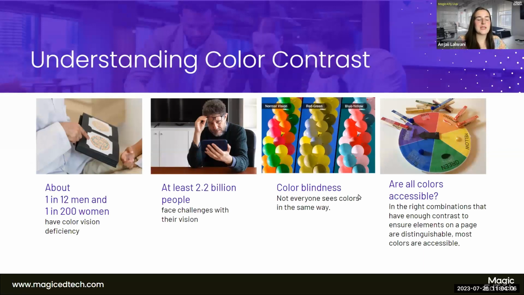Alrighty, so just to get started, we'll talk about some different types of color blindness. About 1 in 12 men and 1 in 200 women have some sort of color deficiency. The most common forms of color blindness affect an individual's ability to distinguish colors, although greens and reds are the most common, other colors can be affected.